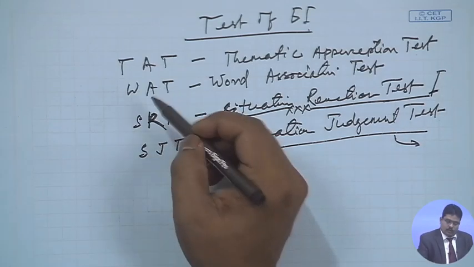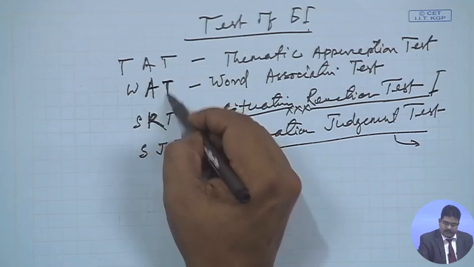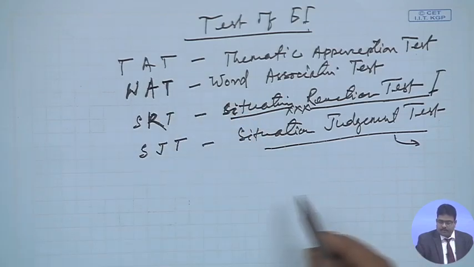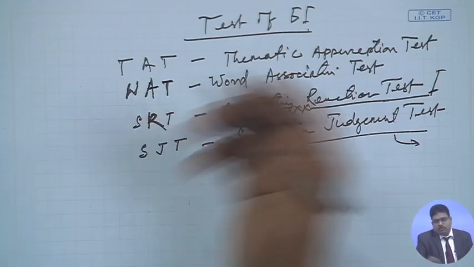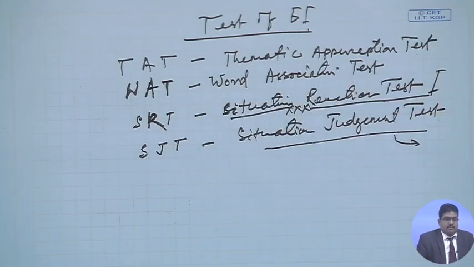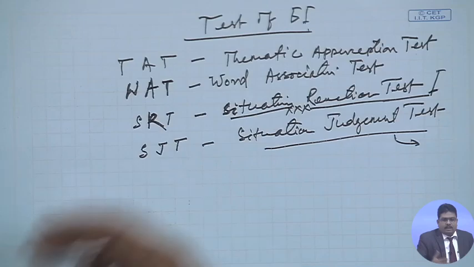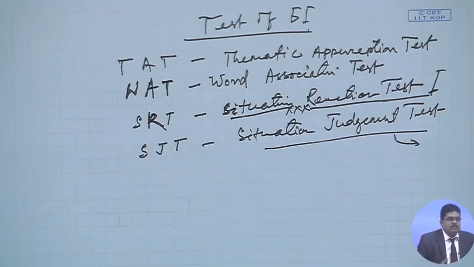In the form of the word association test, a series of words are given to the candidates or subjects, and the subject is asked to write a full sentence making use of those words.